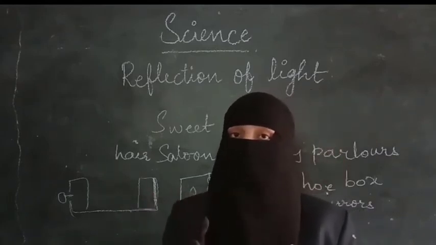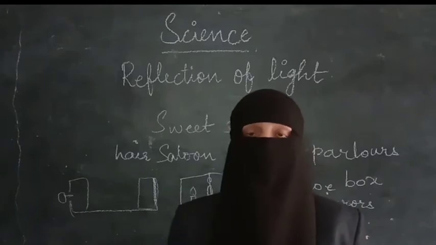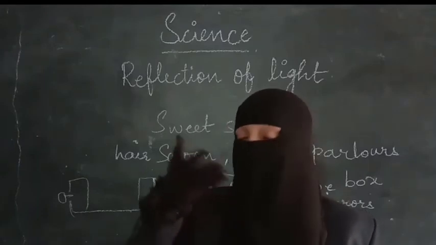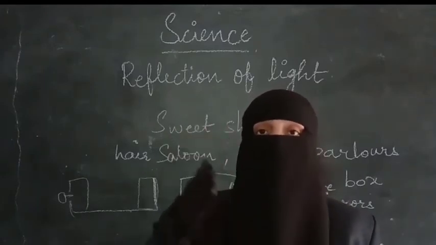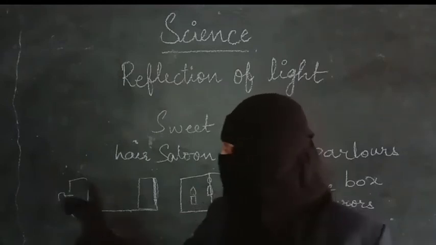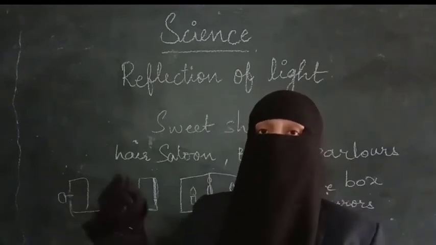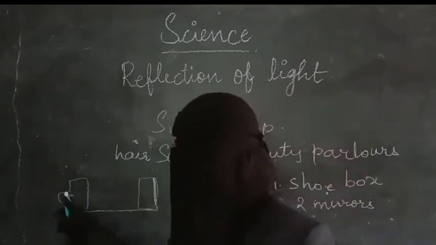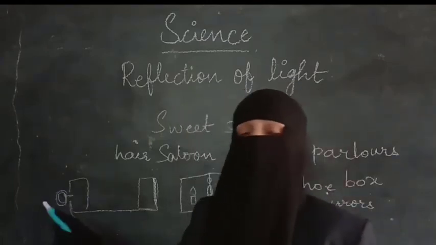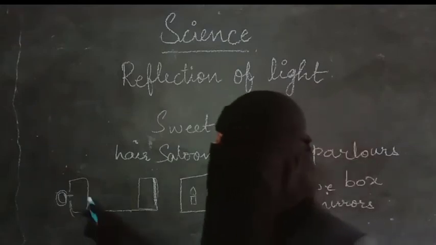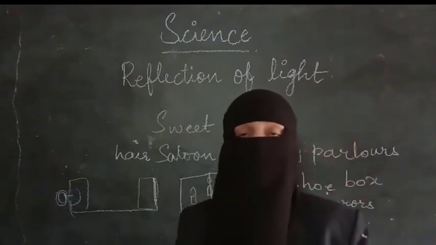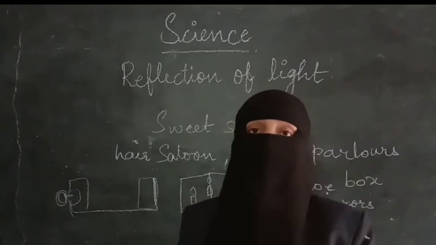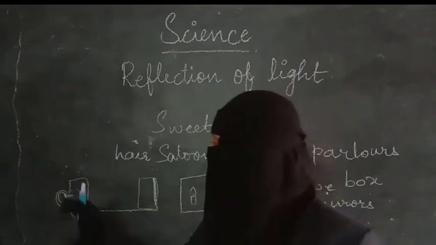The mirrors will be painted to get our image, because for it to give our image the surface should be painted. So what you have to do here, you have to remove the paint by scratching a small hole, the same hole that is present on the box. How big a hole you have made on the box, the same hole should be made on the mirror as well. You have to scratch that part, remove the paint of that part and fix it.